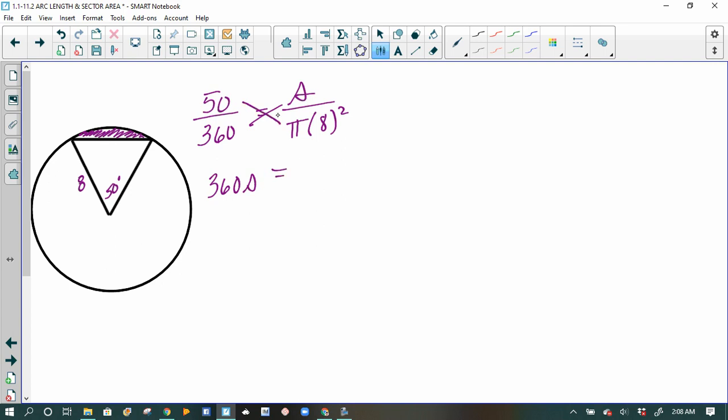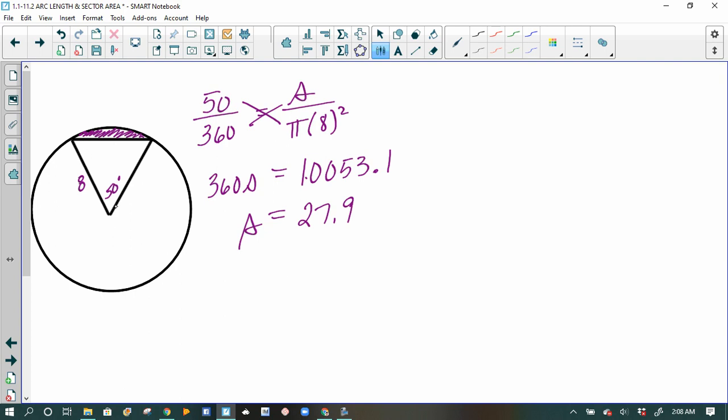So 50 times 64 pi, which is 10053.1, and then divide by 360. So 27.9. So the whole pizza is 27.9.